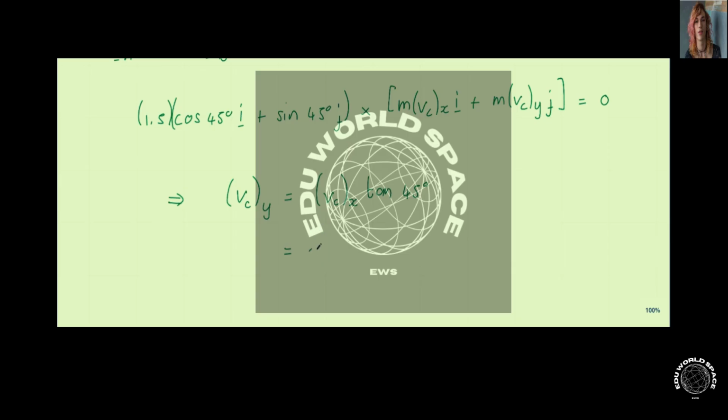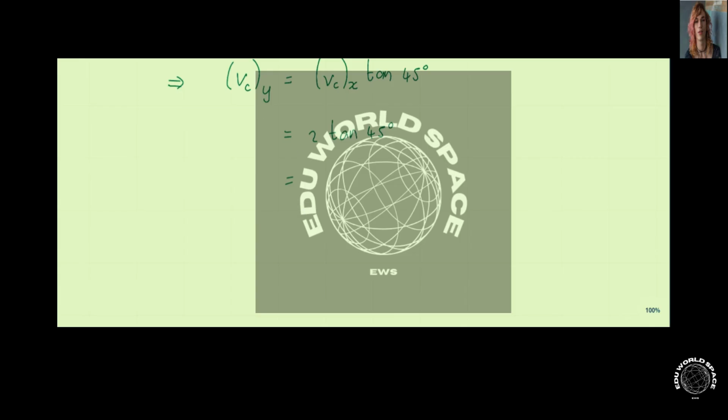And so this is equal to 2, since we know the x component, times tan 45 degrees. And so the y component of vc, 2 tan 45 degrees, equates to 2 feet per second.